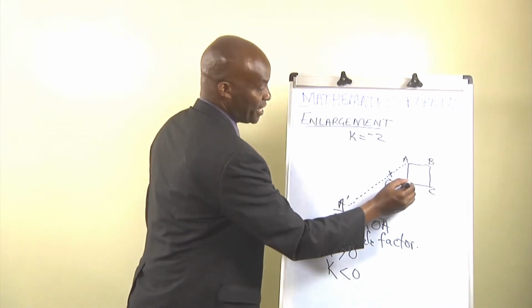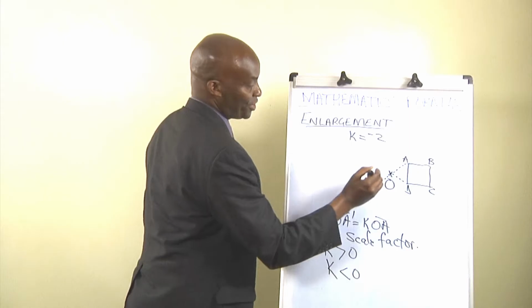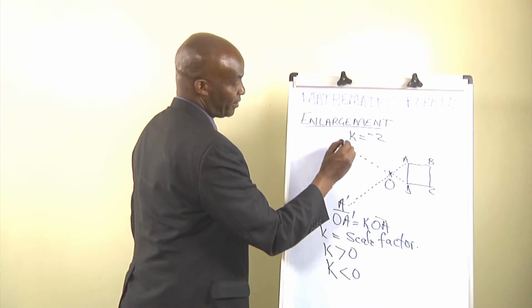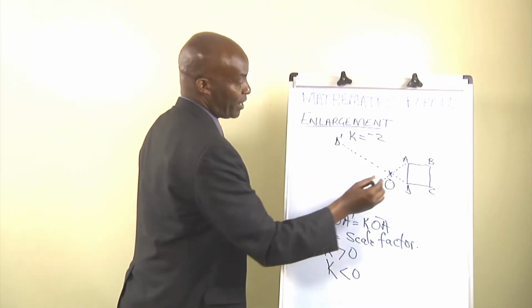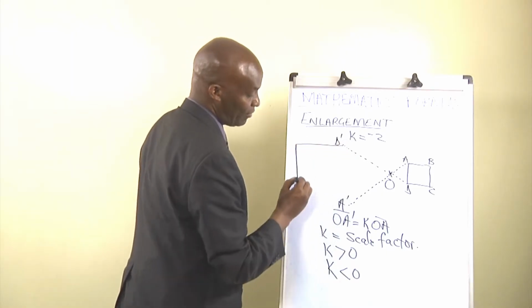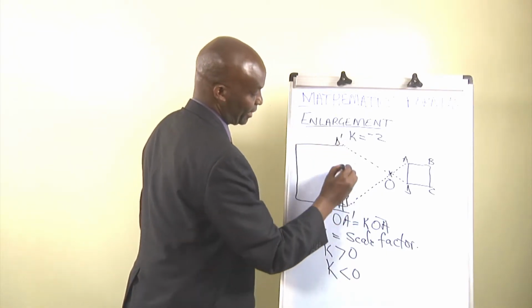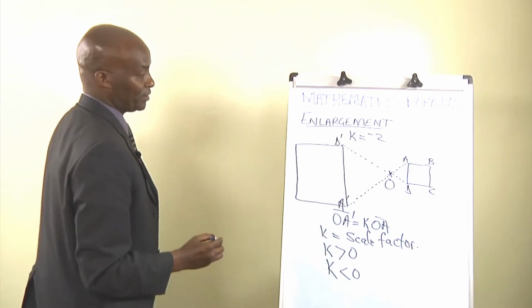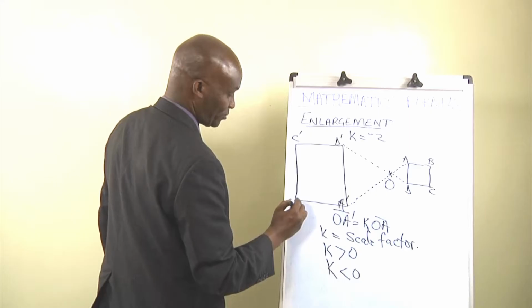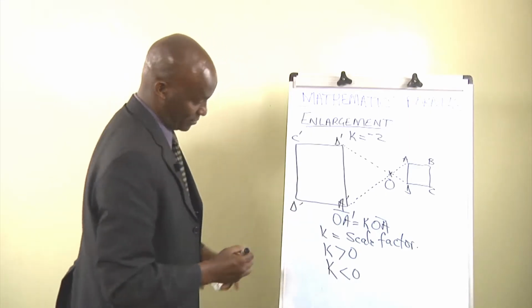The same with D. I will measure OD, then OD times 2 will be the distance OD prime. There we are. So I have D prime. And so it will be with all the others. So I will have my image like that, so that this will be C prime and this will be B prime.